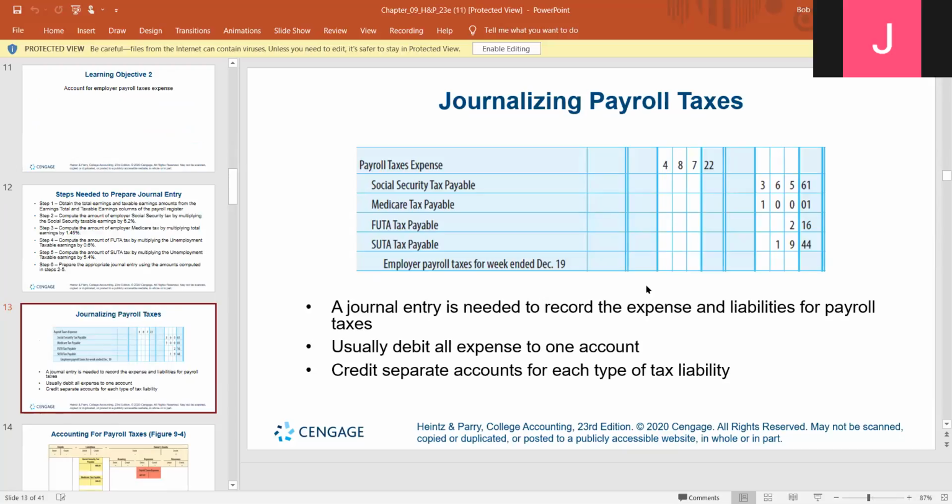This is the portion paid and borne by the company. So you debit payroll tax expense, you credit Social Security taxes payable, Medicare, FUTA, and SUTA. And at the end of the month, the company is responsible for making all of these payments to the appropriate agencies, okay?